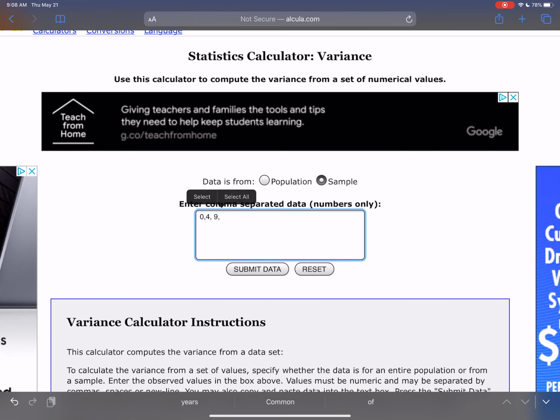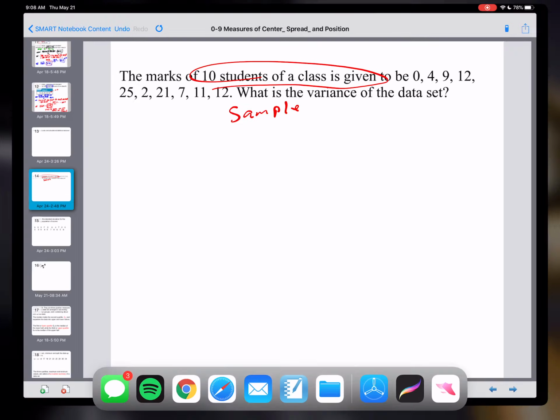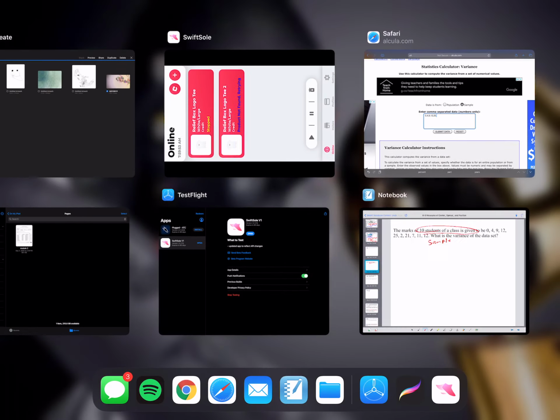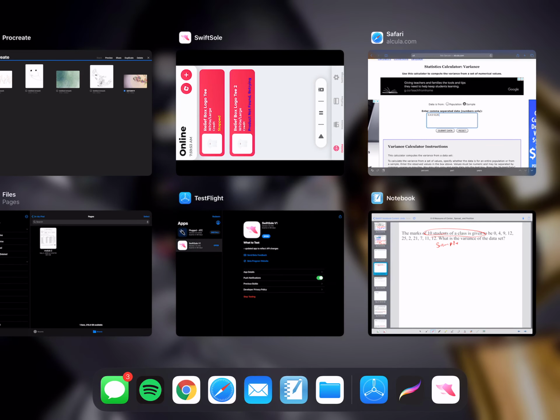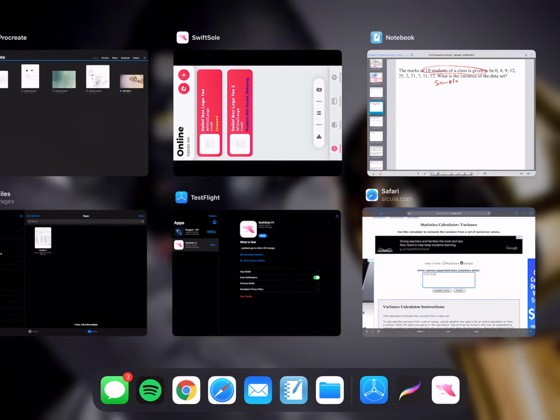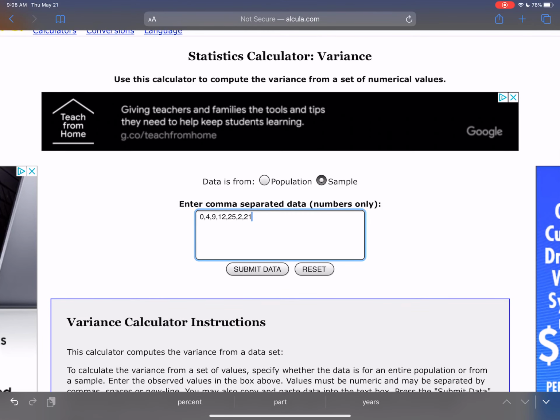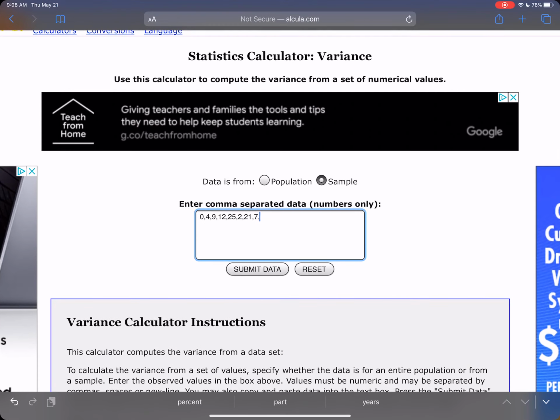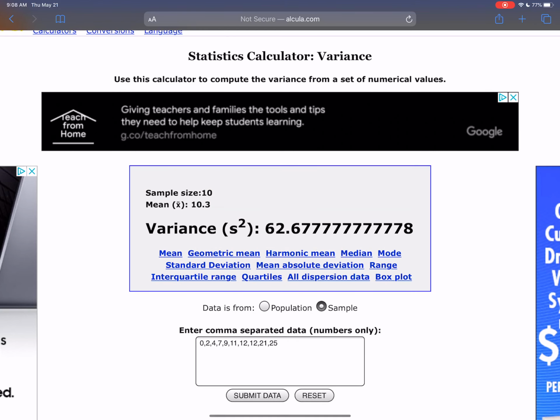You shouldn't have spacing between them like I do; sorry, that's a force of habit. Okay, so I'm going to submit my data, and then there it is.